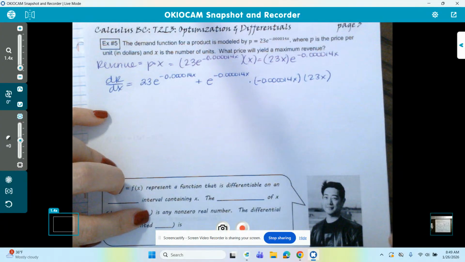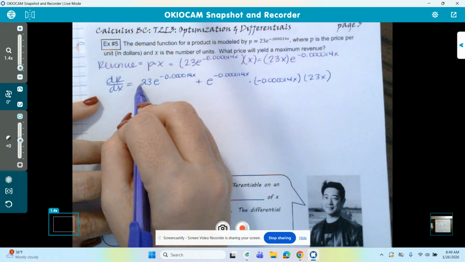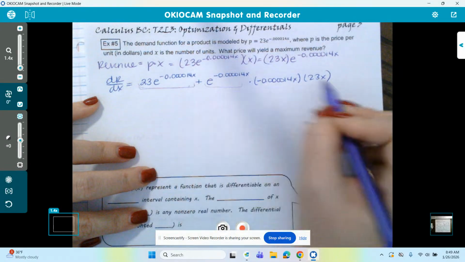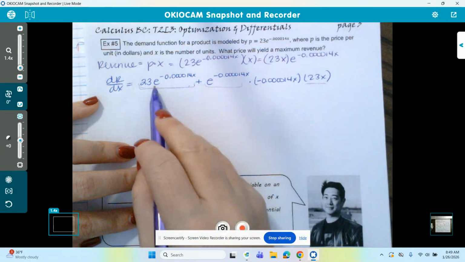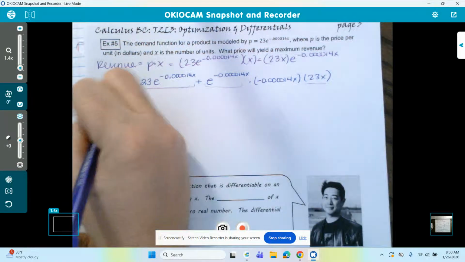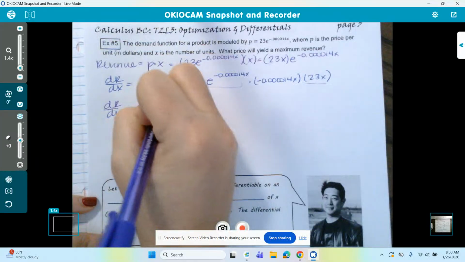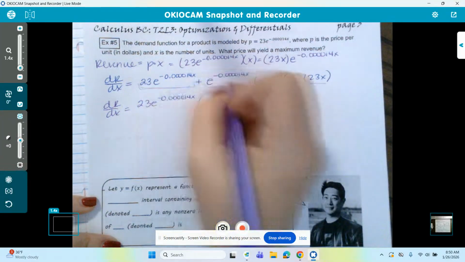Okay, so I'm going to notice that if I look at these, both of these contain a 23e to our exponent there, so I'm going to factor that out. That will leave me with a 1.